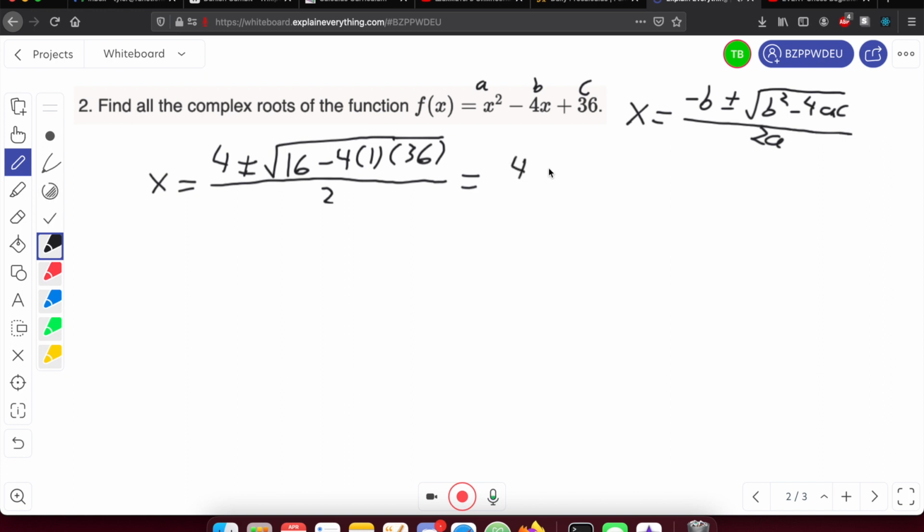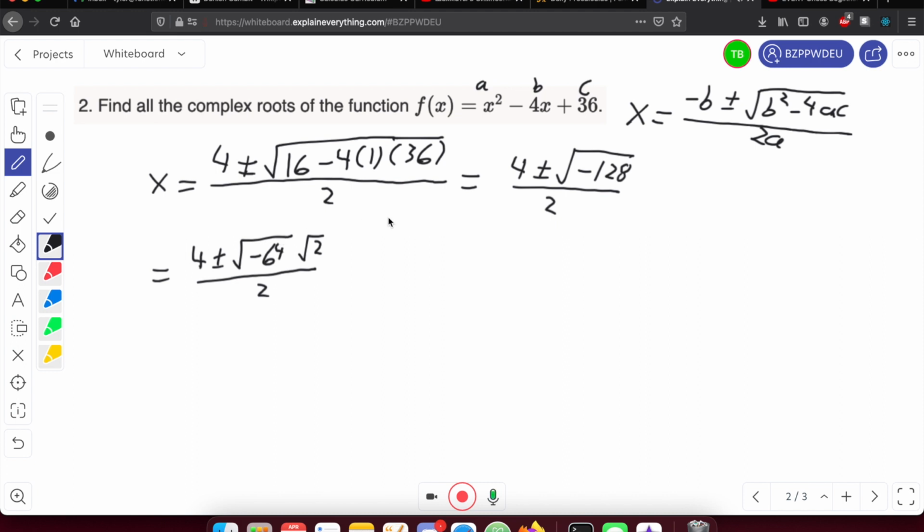Now, this simplifies down to 4 plus or minus the square root of negative 128 all over 2. This term, the negative 128, can be simplified out, or expanded out rather. So 4 plus or minus the square root of negative 64 times the square root of 2 all over 2.